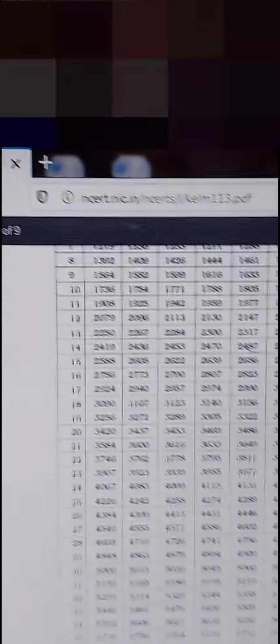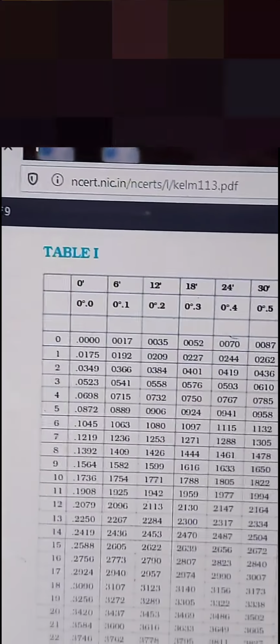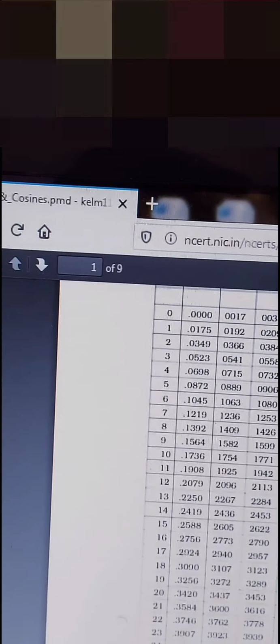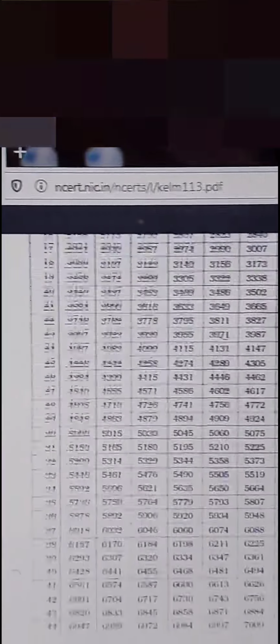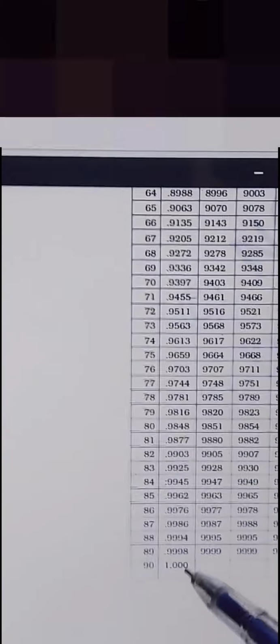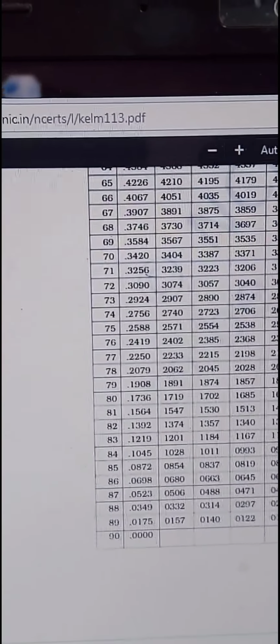Now the important point is why we have added the mean difference. You know from the previous class that the value of sine increases from 0 to 90 degree. Sine 0 is 0, and then sine 90 is 1. In the case of cos it is opposite: the value of cos decreases from 0 degree to 90 degree.